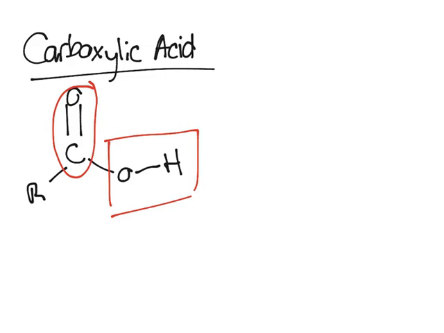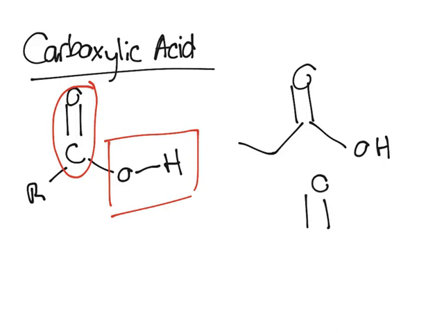If it doesn't have that, then it's an alcohol. If it has a carbonyl, which is a C double bond O, then it would be a carboxylic acid. An example could be O, CH3, CH2, CH3, and then OH. And another one could be OH, something like that.